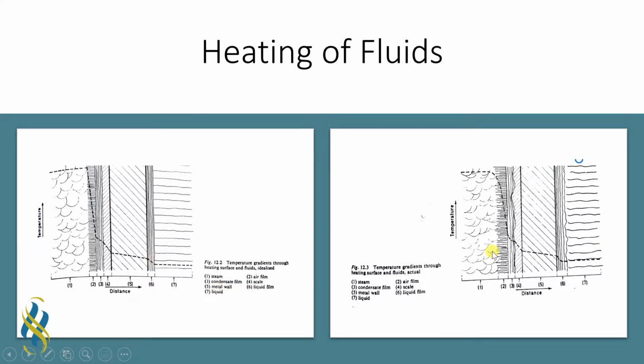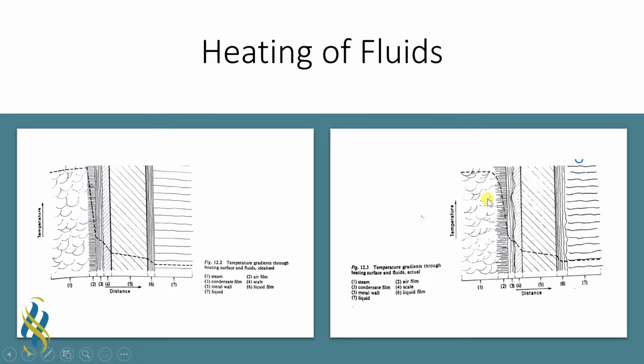In this idealized state, there are 7 layers. In the actual form, steam is followed by air film, then a condensate film, then a scale, metal wall, liquid film, and liquid.